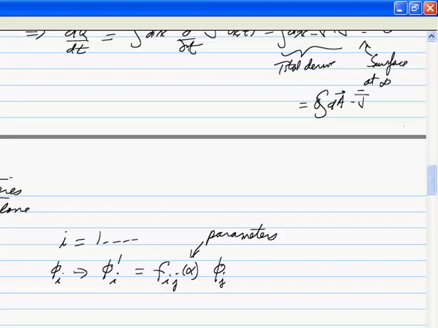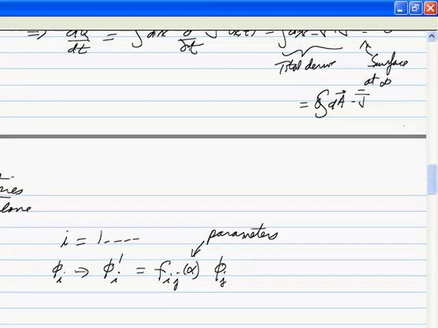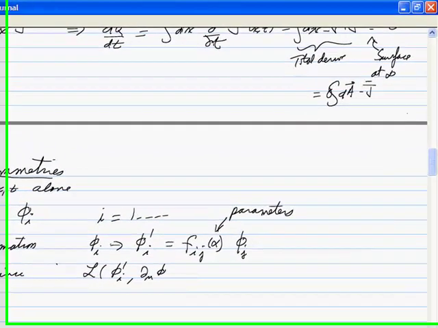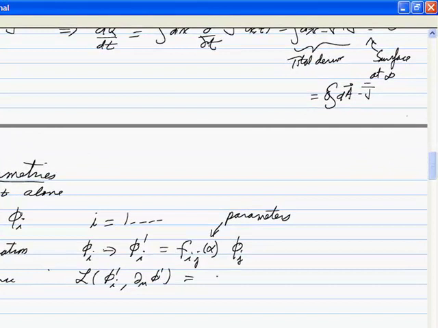So the invariance is if the Lagrangian that's a function of phi prime and d mu phi prime is the same as the Lagrangian that's a function of phi, of the original field. Okay, that's what the invariance is.